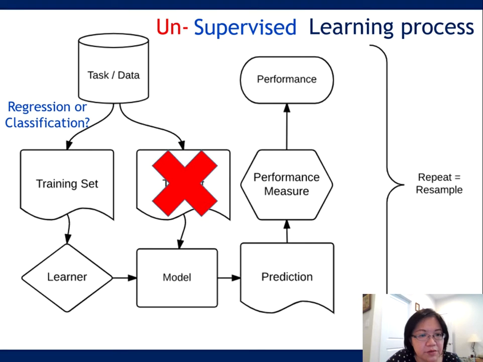And because I can't really do the testing, I can't really measure my performance. I don't have correct answers, so I can't really tell you how well you did on the quiz or exam. I have no benchmark, no correct answer to compare performance to. So in this way, hopefully you'll be able to see that unsupervised learning is quite distinct from supervised learning.